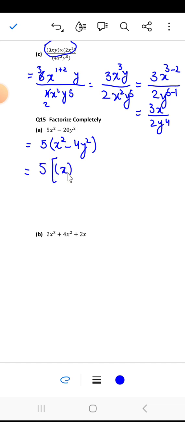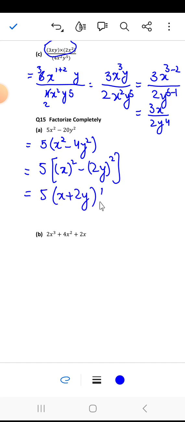This is x square and this is 2y whole square. So we are using the formula a square minus b square, which is equal to a plus b into a minus b. So I have factorized this expression into the 3 factors: 5, x plus 2y, x minus 2y.